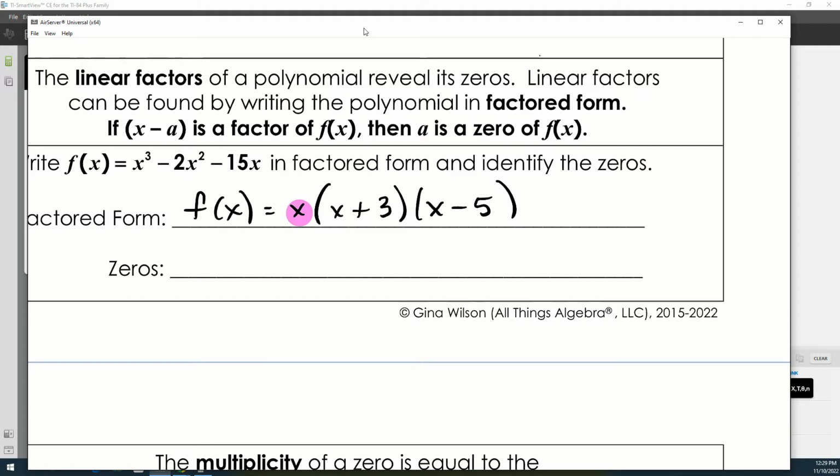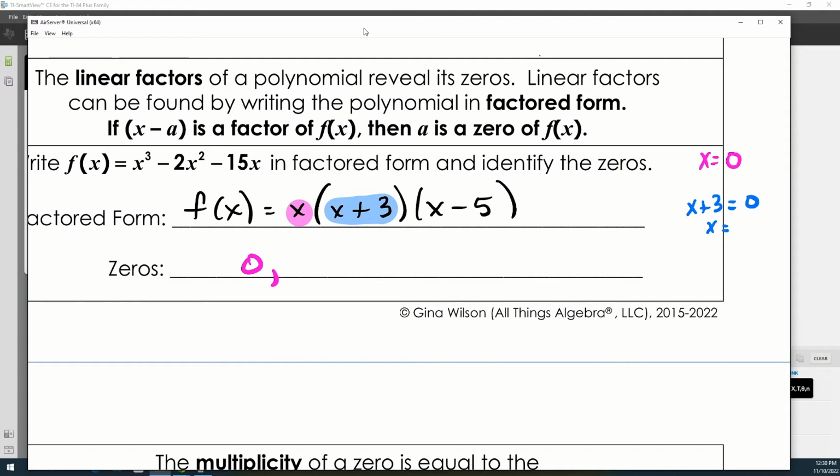So I have this factor that's x. So you would say that x equals 0. And then you solve it for x. It's basically already solved for x. So one of the zeros is 0. All right, then for this one, we would say that x plus 3 equals 0.